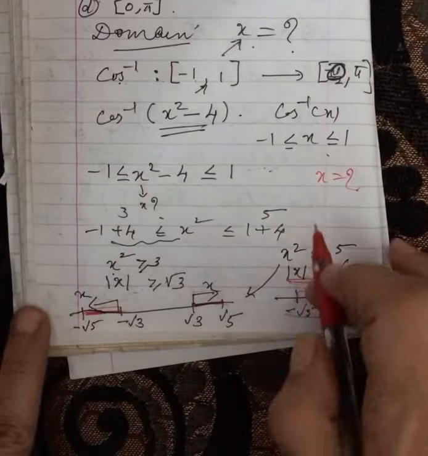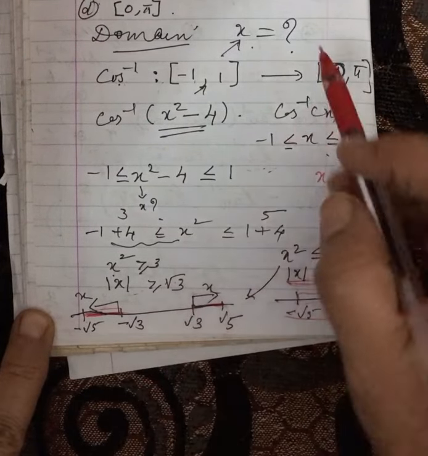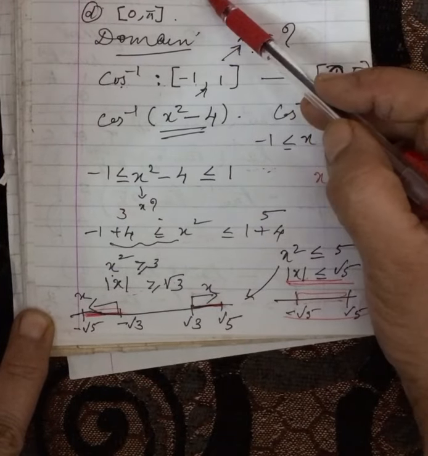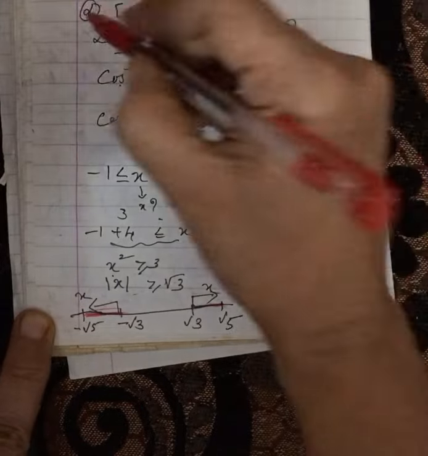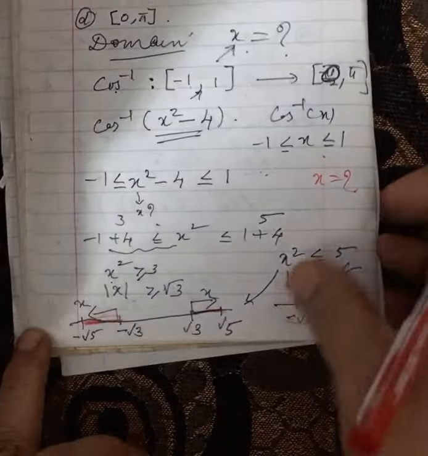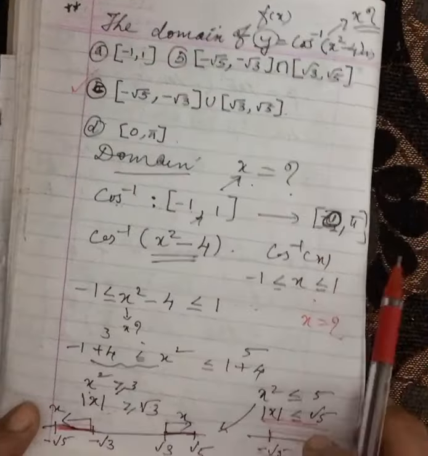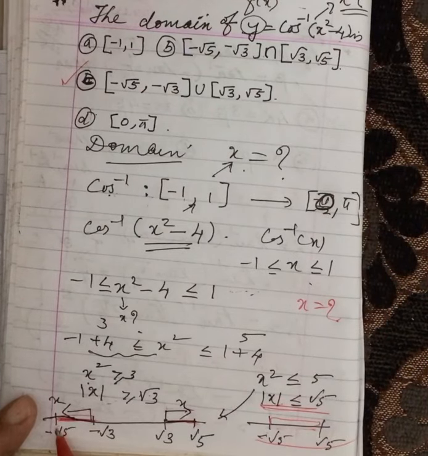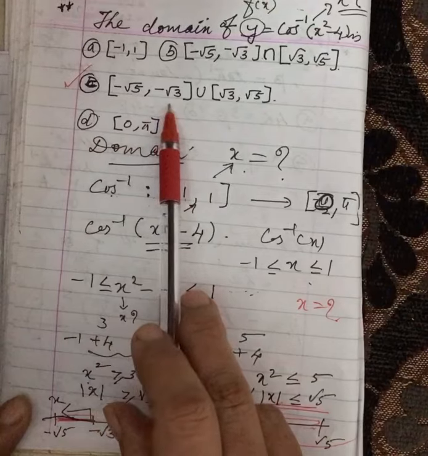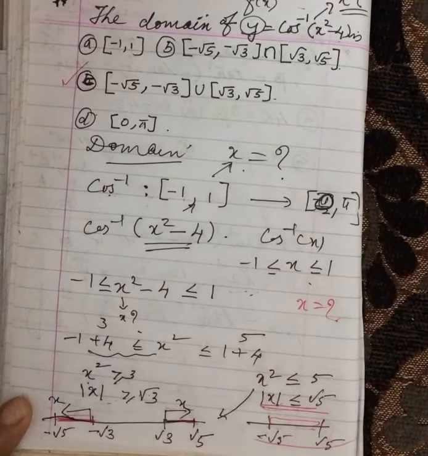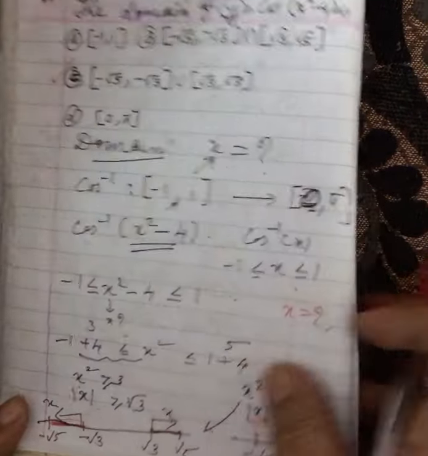So what will be the answer? Minus root 5 to minus root 3, union root 3 to root 5. I can see here minus root 5 to minus root 3, union here also. So this is the answer.